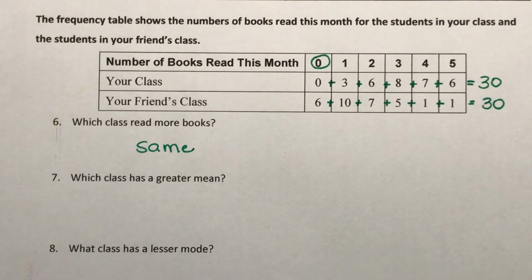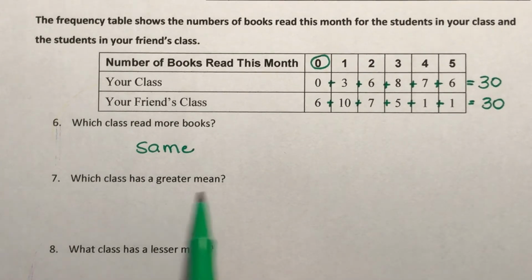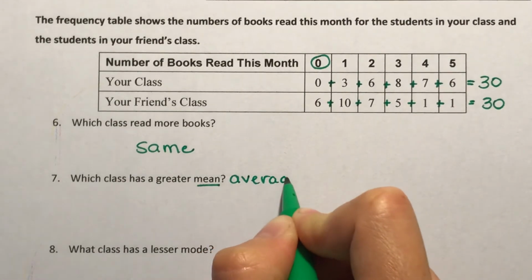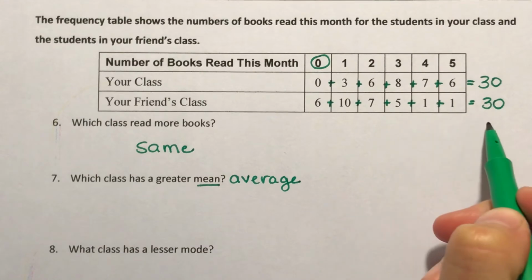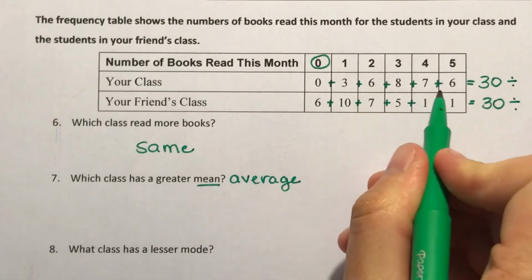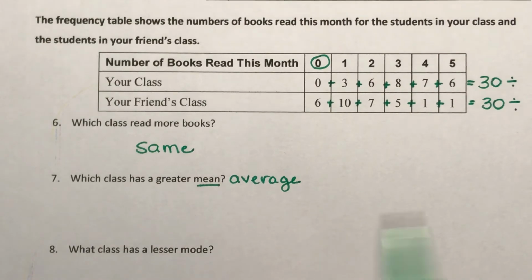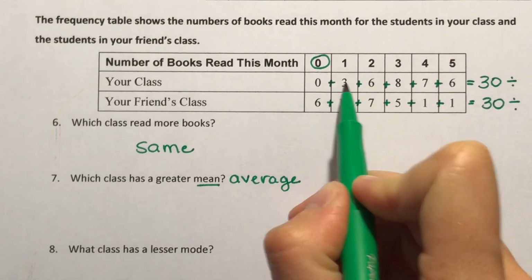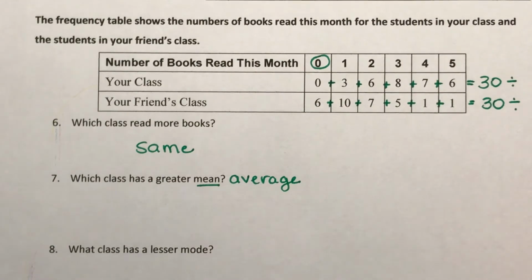All right, then it says which class had a greater mean. Remember, mean means the average. That's where I add up all the books and I divide it by how many numbers I added together in the first place. Here I've got 1, 2, 3, 4, 5, 6 numbers that I added together.